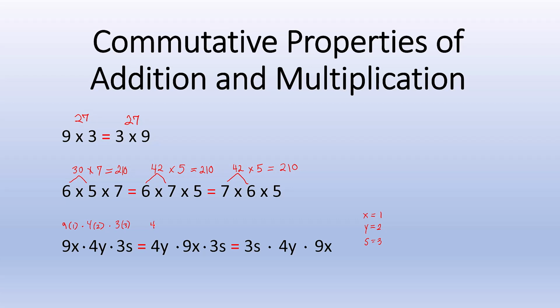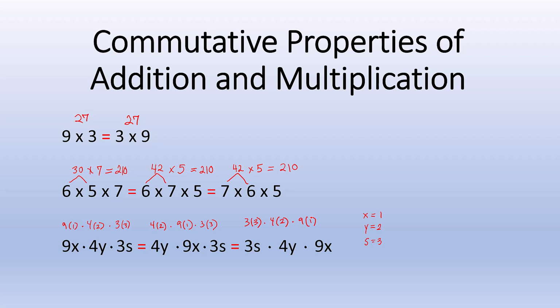Change out the variable. 4 times 2 times 9 times 1 times 3 times 3. And finally, I have 3 times 3 multiplied by 4 times 2 multiplied by 9 times 1.